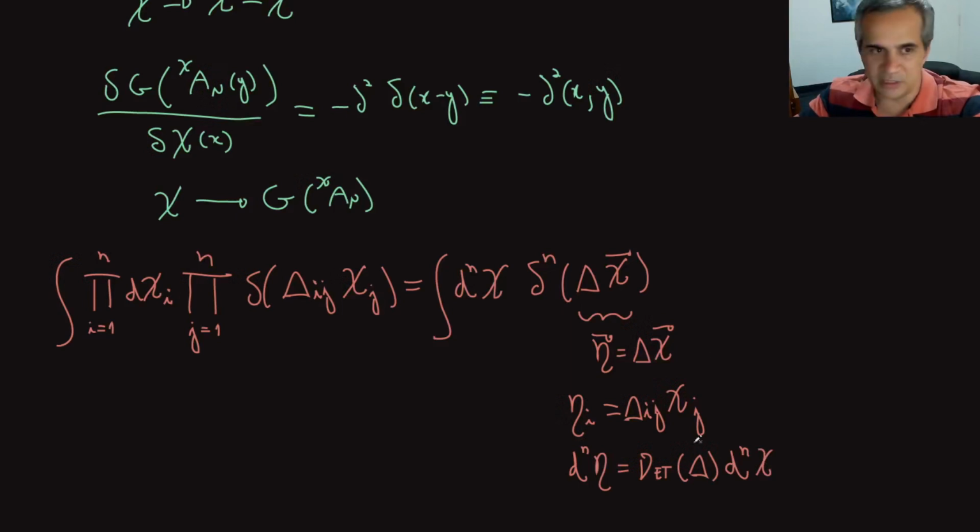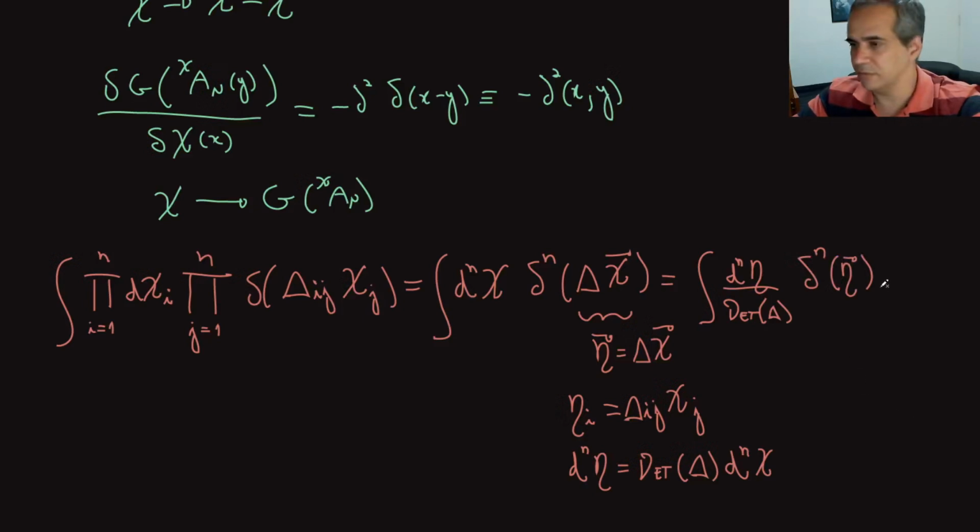That means that the change of variables I have to do here is d^n eta over the determinant of delta times the delta function, delta n of eta. And of course, this determinant comes out because itself does not depend on eta. And that becomes 1 over determinant of delta, because this is just a Dirac delta integrated all over space.